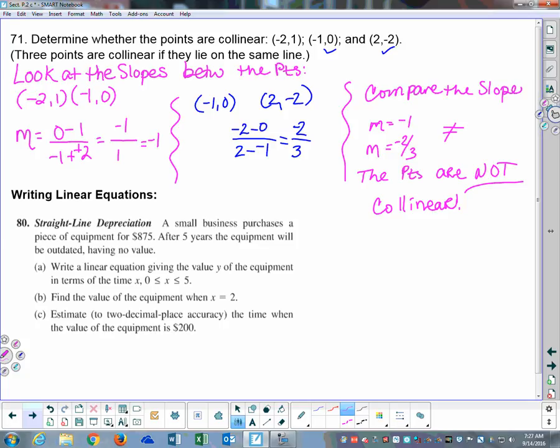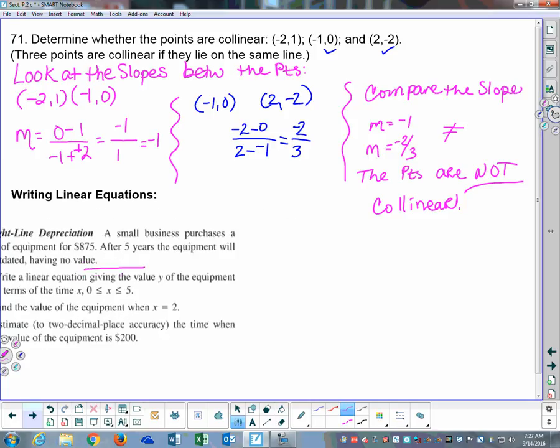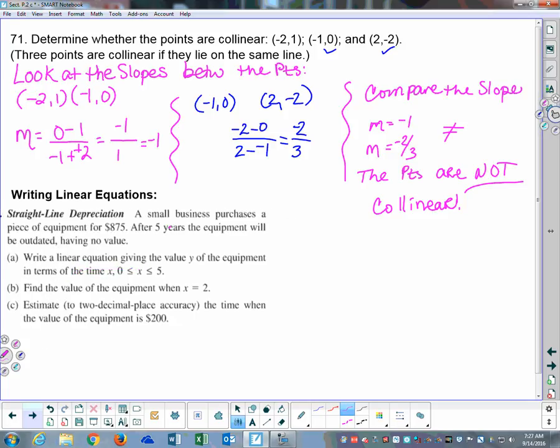So they want us to write a linear equation giving the value y of the equipment in terms of time, and our x variable is time. The y value is the value of the equipment, so kind of like $1. And we know they purchase it for $875, and then in 5 years it will be completely outdated.